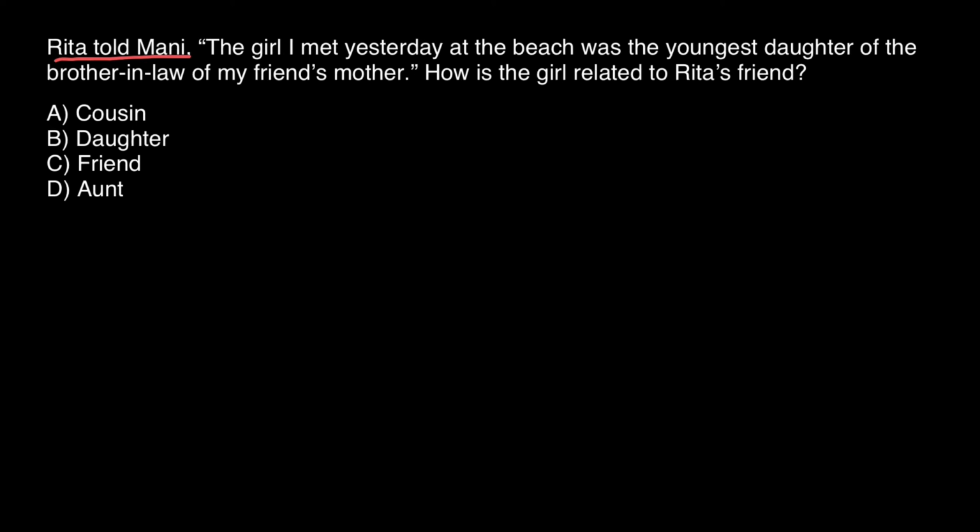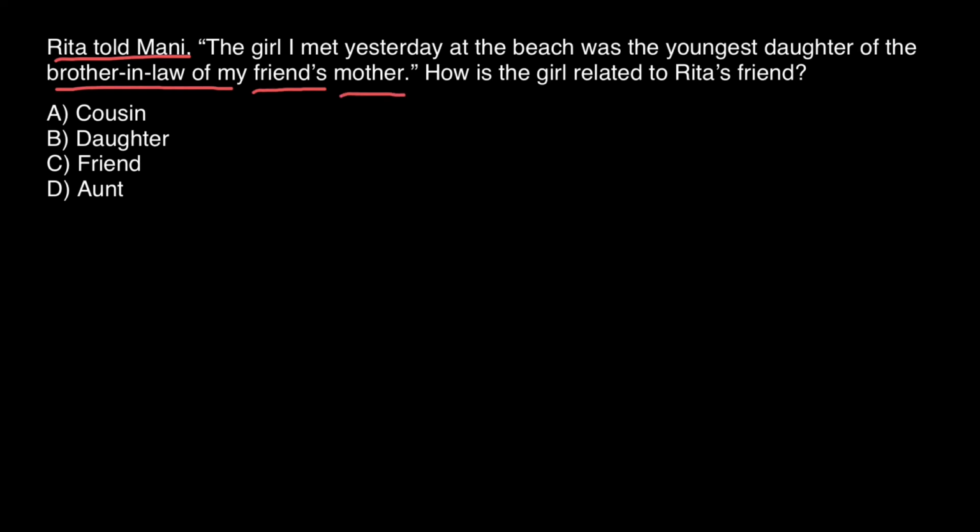The friend is mentioned here, friend's mother. So she is talking about a friend, and the friend has a mother. More than that, she also said brother-in-law of my friend's mother.